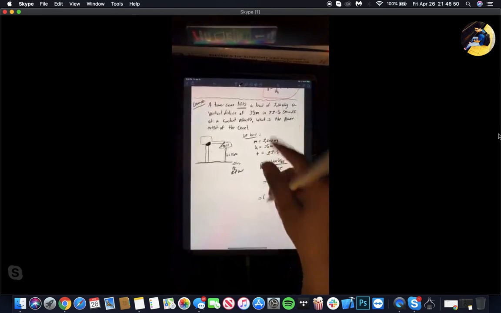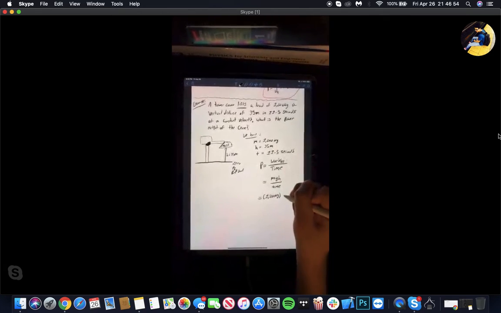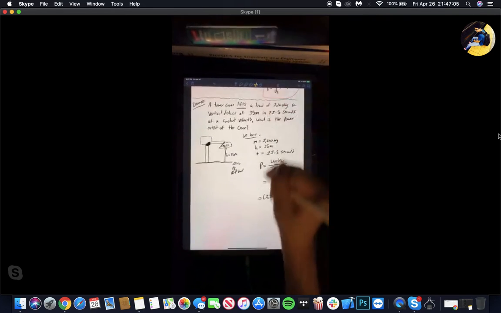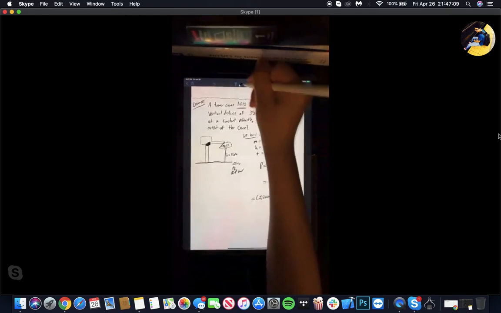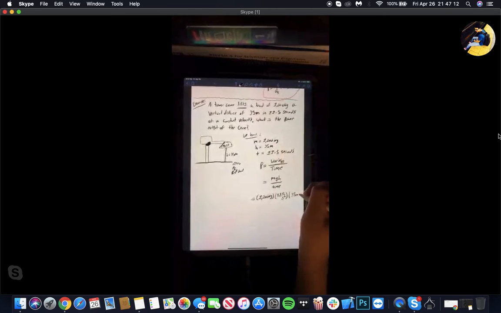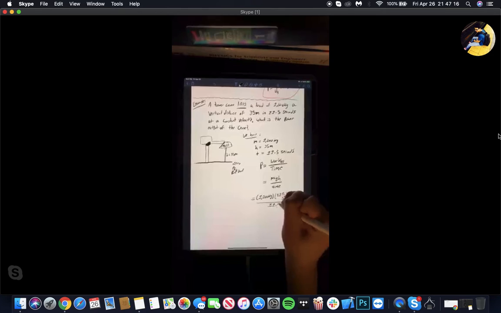The mass is 1,200 kilograms times 9.8 meters per second squared for g, times h, 35 meters, over the time, 11.5 seconds.